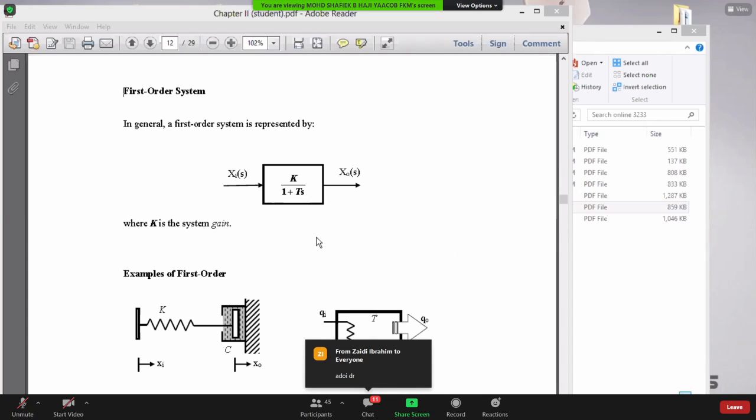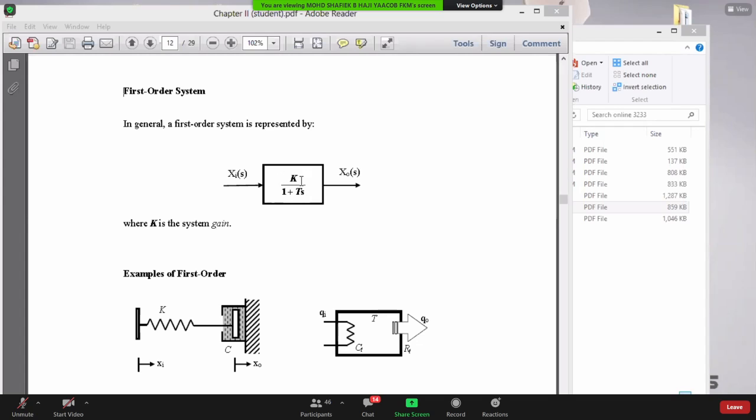All right. Okay. So now we want to find the solution of this first order system. First order system is the simplest system that you can have, where the power of s in the denominator is just 1.